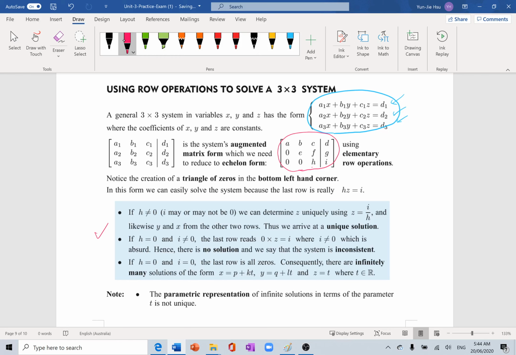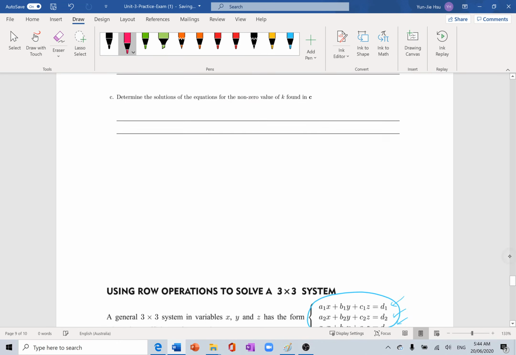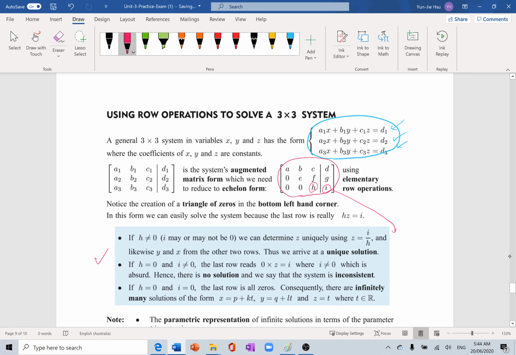And then we discuss h and I. If h is not 0, it means here you will get it. Because for this augmented matrix, here it means x, y, z. So this one means 0x plus 0y plus hz equal to I. So if h is not 0, what does it mean?